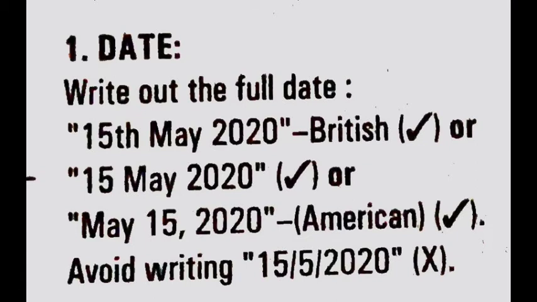The first 3, for example, 15th May 2020, 15 May 2020, May 15, 2020. These 3 formats are applicable. You can use any of the 3, but avoid using the 4th one. That is not allowed.